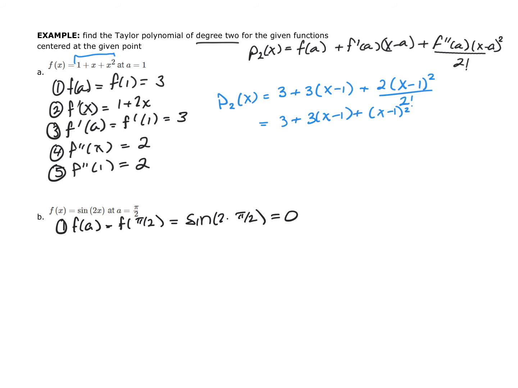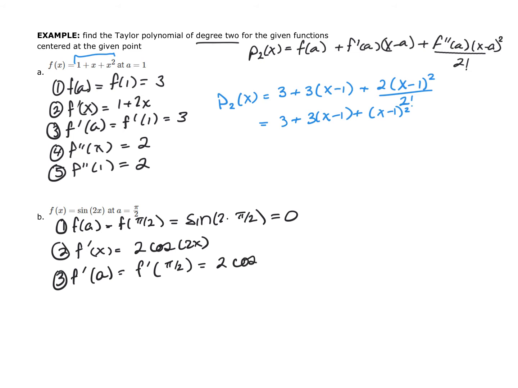Then my second thing that I'm going to need is my derivative, so f prime of x, which is going to give me 2 cosine of 2x. So then I need to evaluate at a, so f prime of pi over 2, which is going to give me 2 cosine of 2 times pi over 2, which is pi, so I have negative 2.